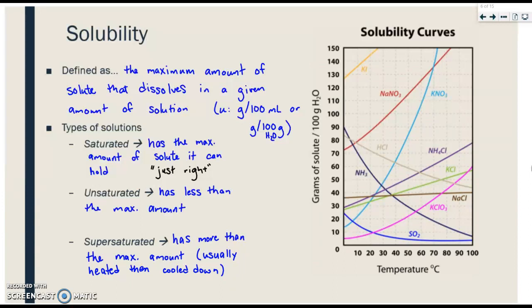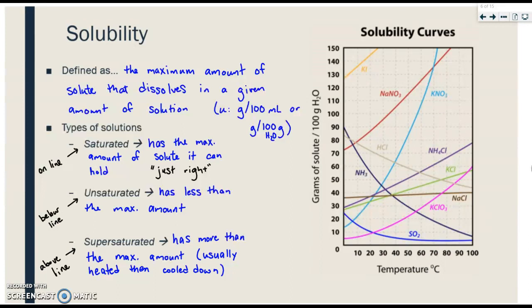This graph shows you some solubility curves, and it can be used to figure out if something is saturated, unsaturated, or supersaturated. If something is saturated, it will be right on the line for that substance. If it's unsaturated, it will be below the line for that substance. And if it's supersaturated, it'll be above the line for that substance.